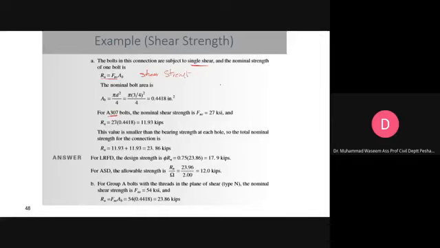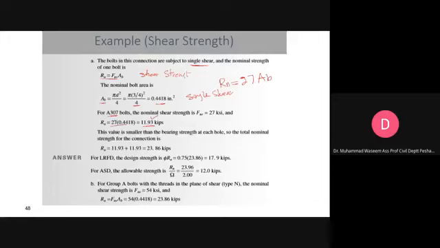For A307, the nominal shear strength of a bolt is 27 times the area of the bolt. You calculate the area, and this area is pi d square by 4, and this is subjected to single shear. So you calculate shear strength.